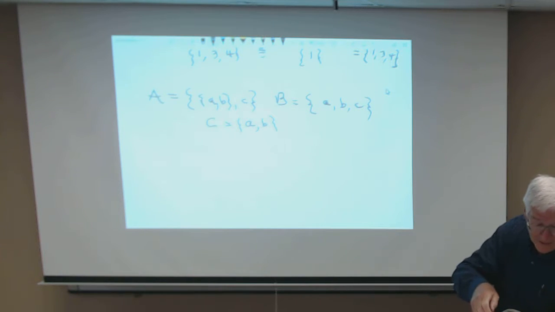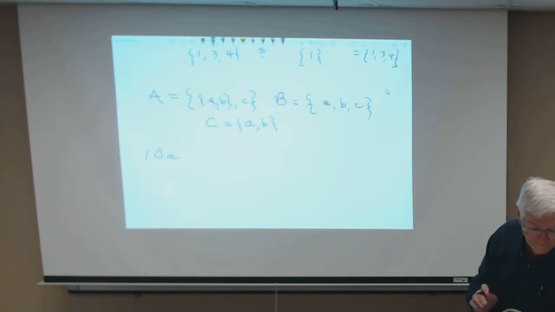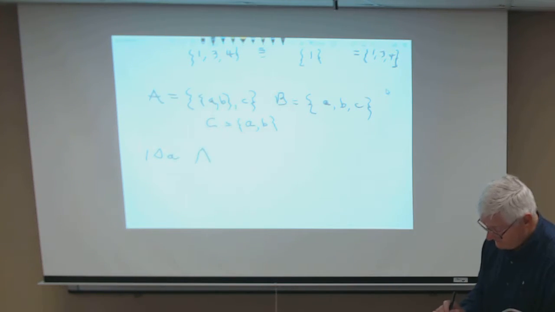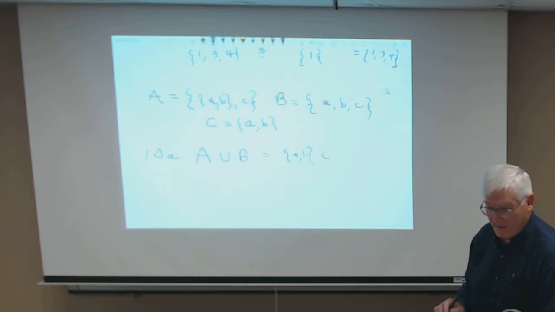Okay, now we're ready to do problem 10A. A union B. So what's in A? The little set AB and C. Agreed? What's in B that I haven't listed yet? I've listed C, haven't I?